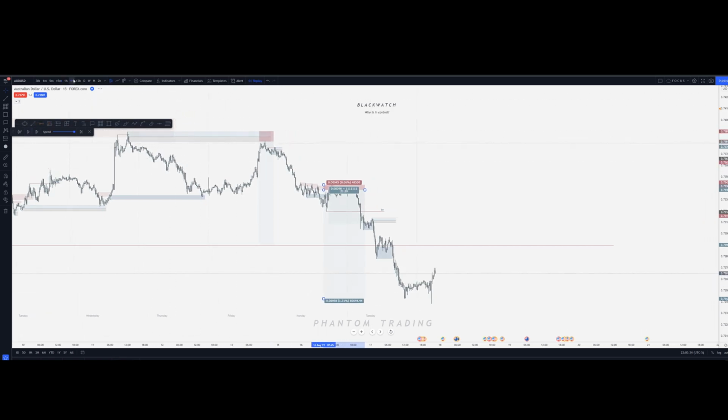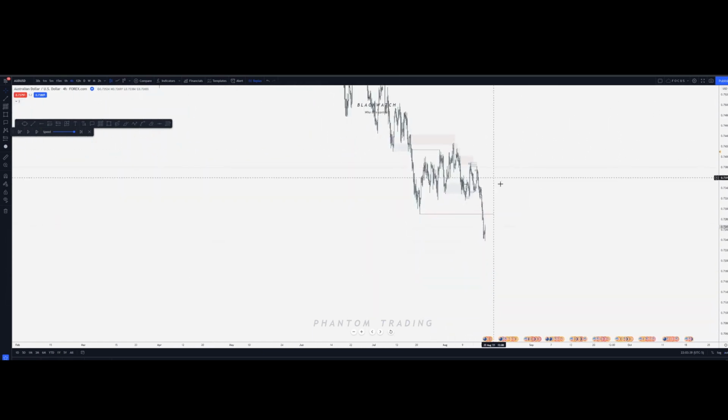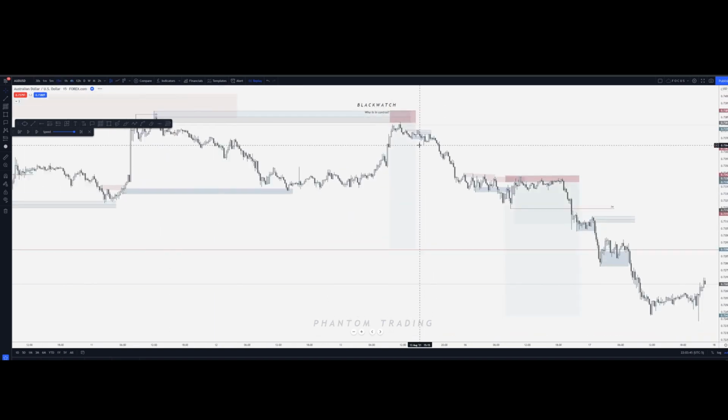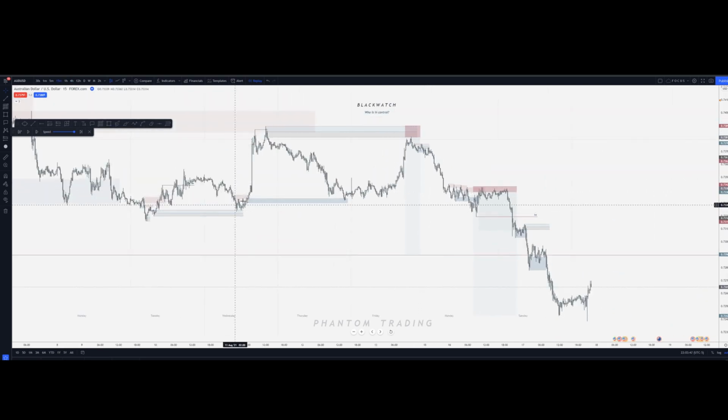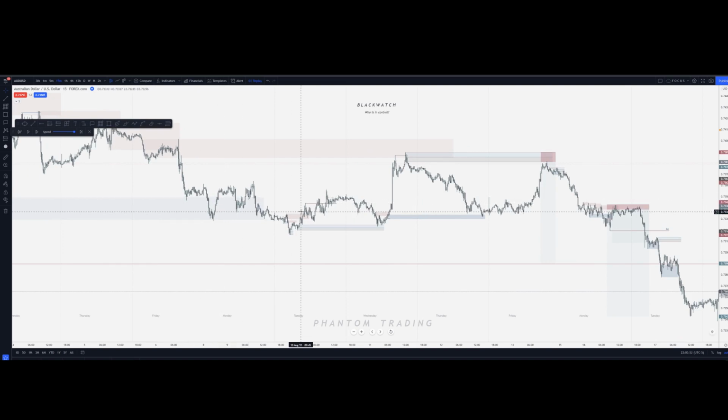Okay, we need to look at the 4-hour again. We've caught some pretty nice trades. Not the best. I missed this counter trend one, which was unfortunate. I feel like I spent the whole time talking about how the best counter trend trades come after taking out the lows, and I managed to miss the trade.